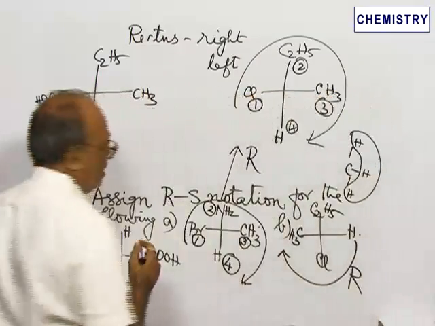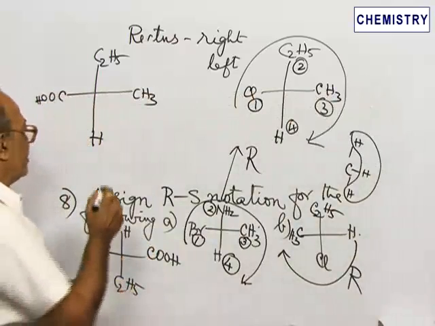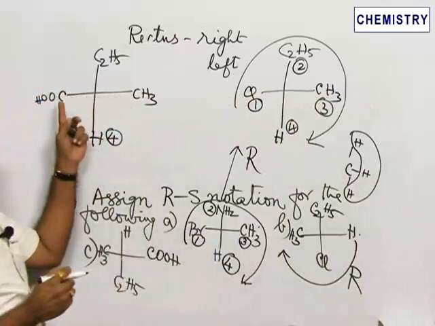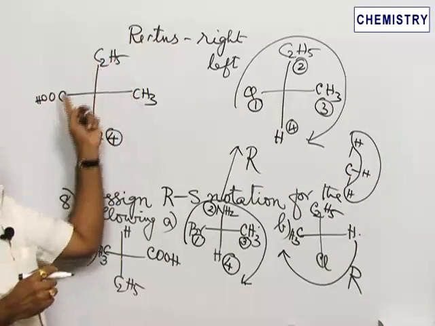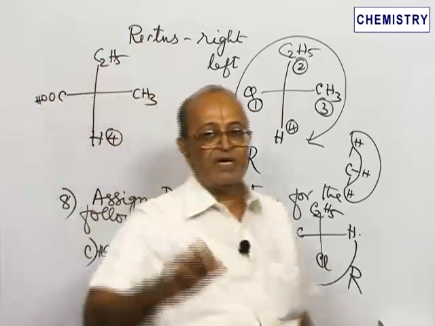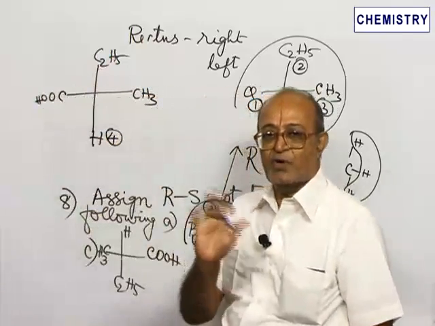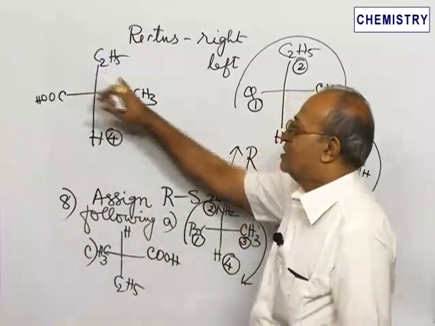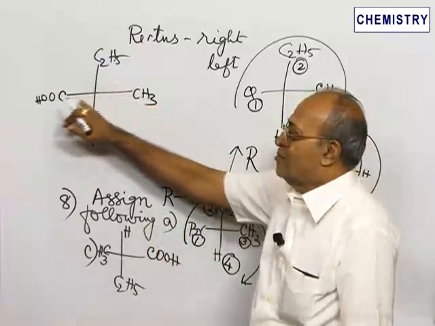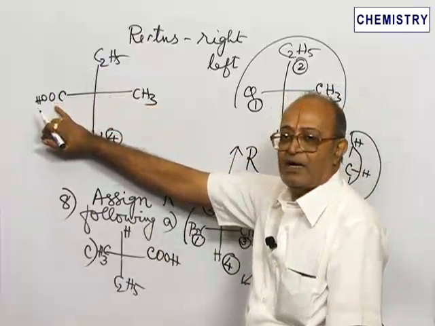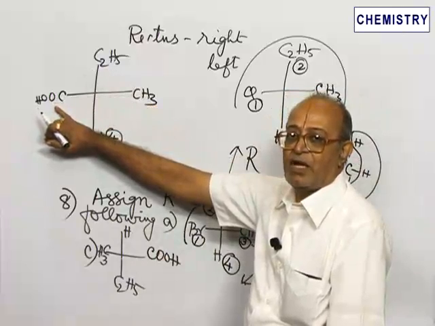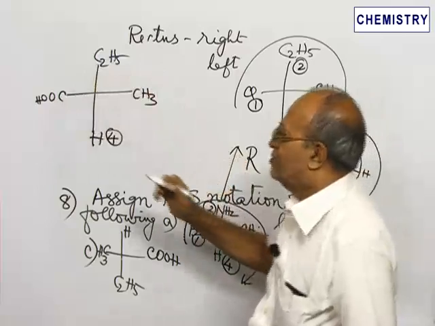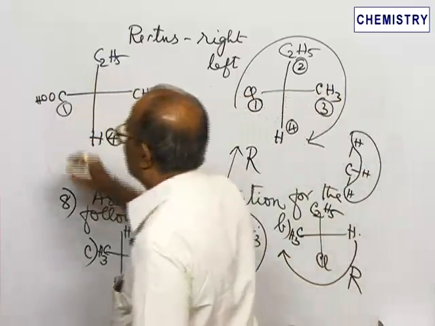Now again you look for the priority order, lowest priority for hydrogen. All right, in C, all the 3 substituents will have the first atom as carbon. So with the help of the first atom you can't decide the priority order. So you go in for the second atom. Here 2 hydrogens, here 3 hydrogens, but here the second atom will be oxygen, which will have higher priority than hydrogens or carbon. So this is 1.